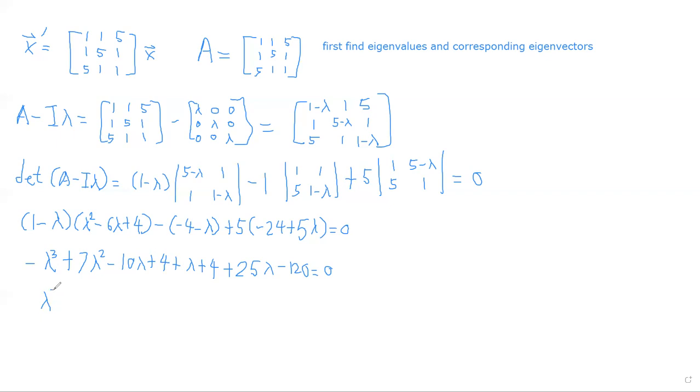You don't have to make the coefficient of the leading power positive, but I just like to do it that way. It's an old habit of mine. Lambda cubed minus 7 lambda squared minus 16 lambda plus 112 is 0.